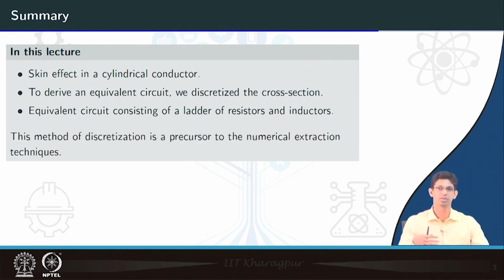This method of discretization which we saw in this lecture is actually a precursor to the numerical extraction technique. When we numerically extract the effective resistance and inductance for interconnects, we do something very similar to this.